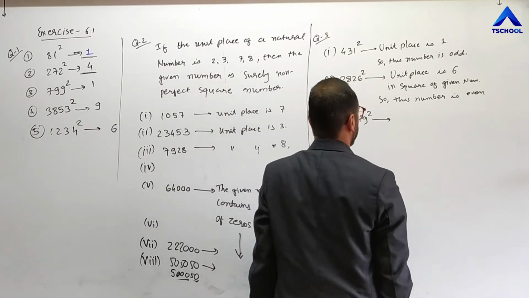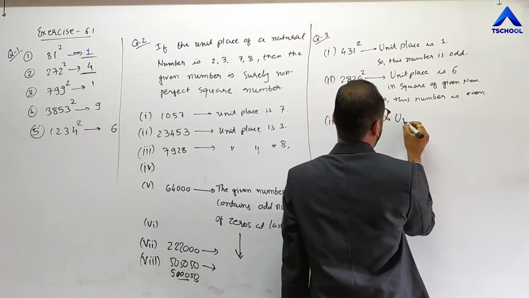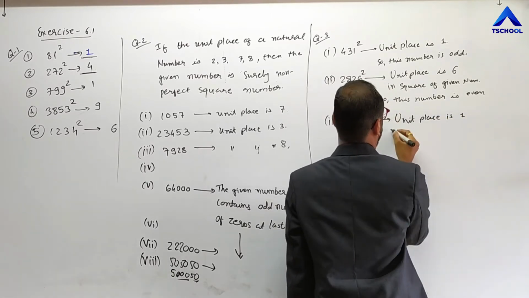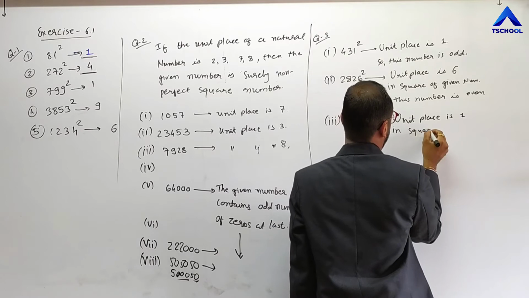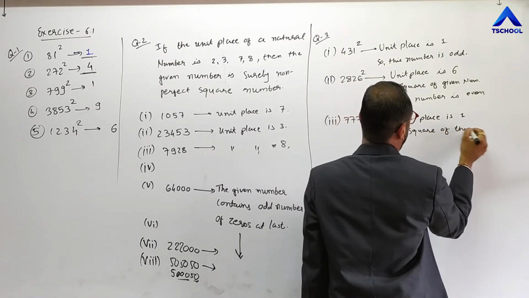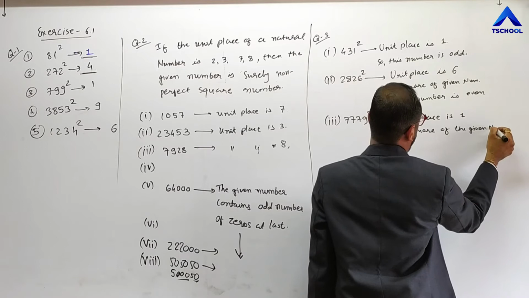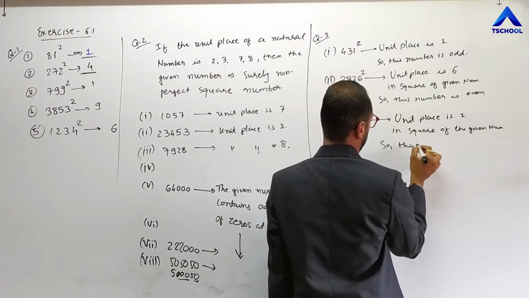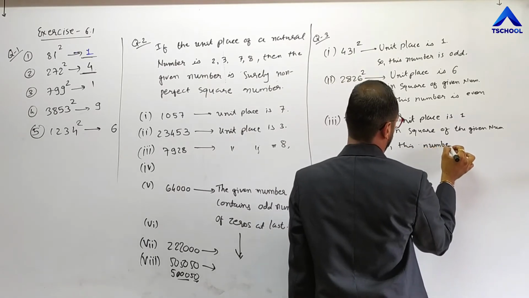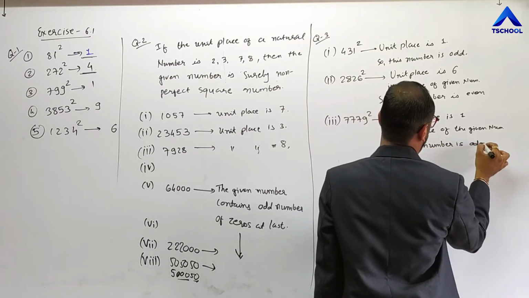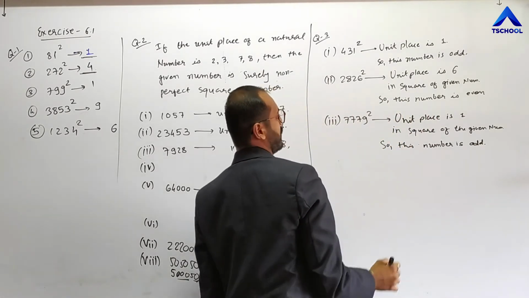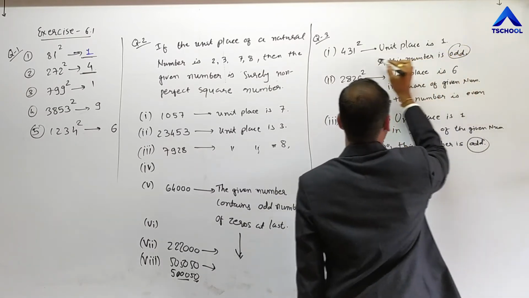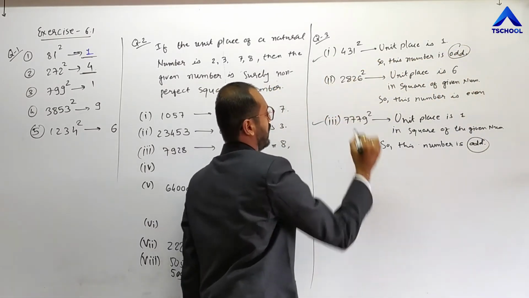So the unit place is 1 in the square of the given number, so this number is odd. Clear? So which numbers are odd? Number 3 and number 1. These two are odd. Now let me check the fourth one.